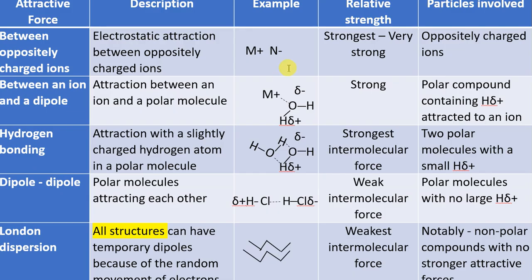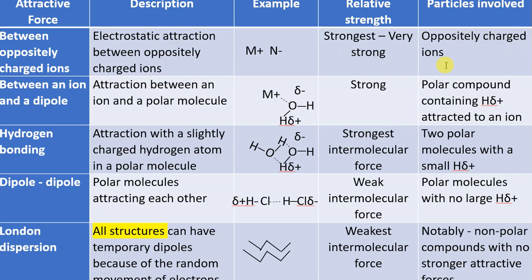Attraction is greatest when I have full charge. Electrostatic attraction. At the top, I've got oppositely charged ions, ionic bonding, electrostatic attraction between those oppositely charged ions. This is the strongest force of attraction between particles.